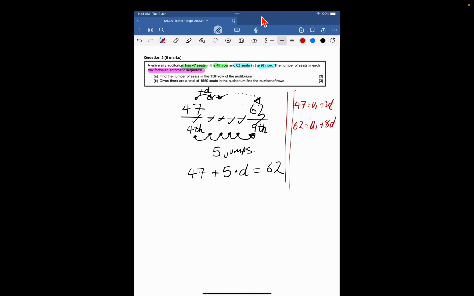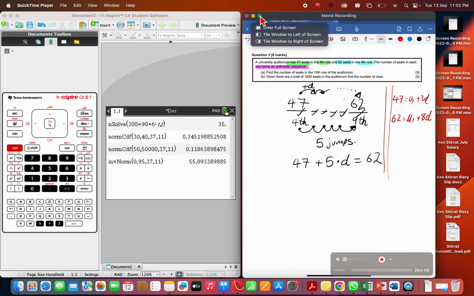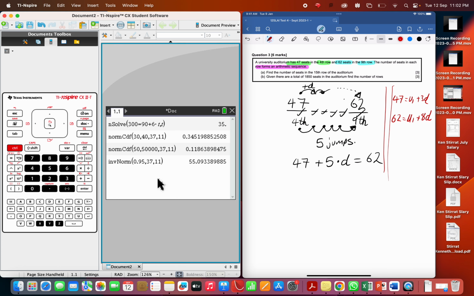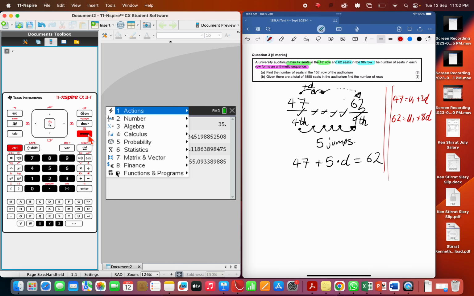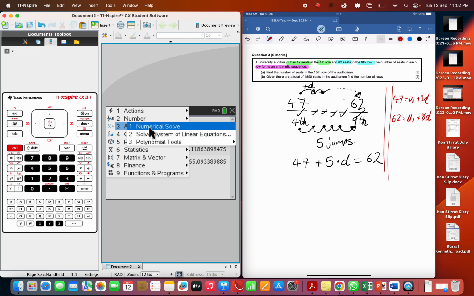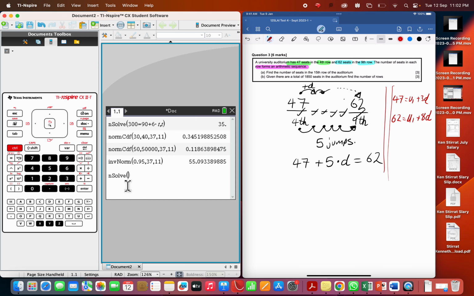Then you could solve simultaneous equations algebraically, or use your equation solver. We'll do both things. Let's first go to Menu, Algebra, Numerical Solve: 47 plus 5d equals 62, comma d, and d is 3.